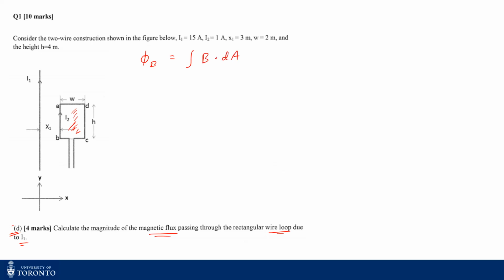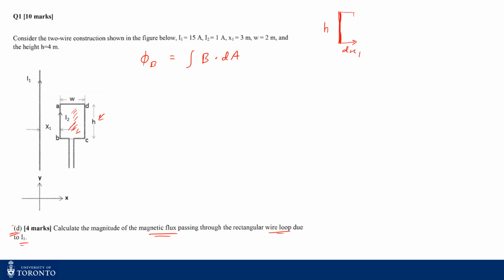Now remember that for our loop in this case, let's consider that you have a line of length h, which is the height of this loop, and then you move a distance, let's say dx1, in the positive x-axis direction.